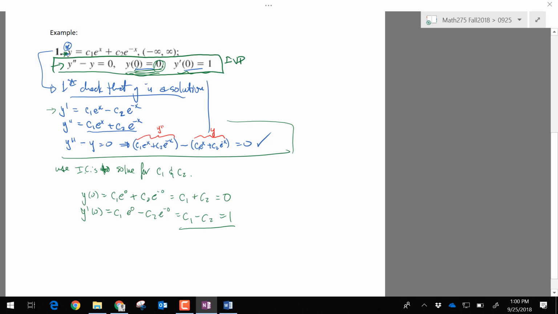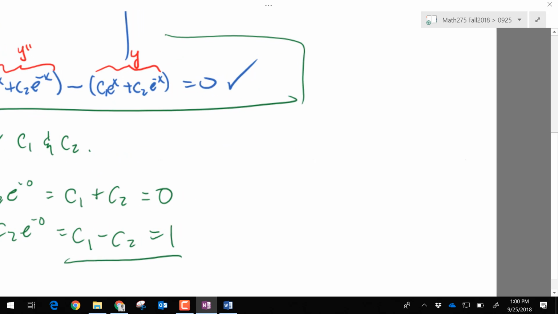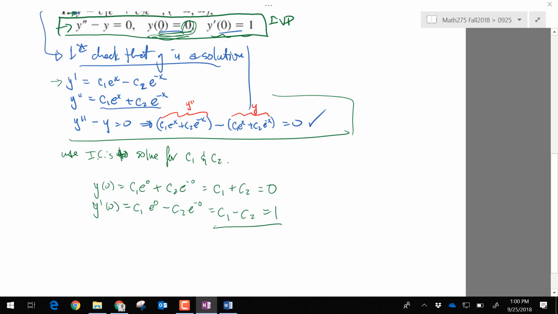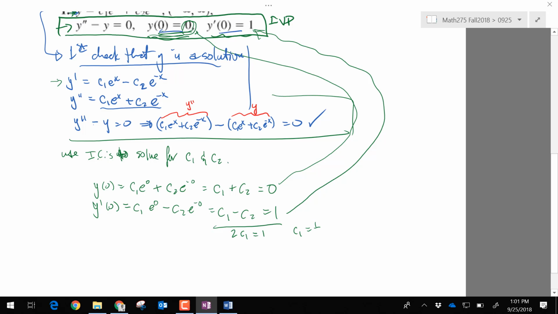And it looks like we should be able to solve for these by looking at the second initial condition and the first. So we'll add them. I think this is 2 C1 is equal to 1. So C1 is equal to 1/2. And then C2 should equal negative 1/2.